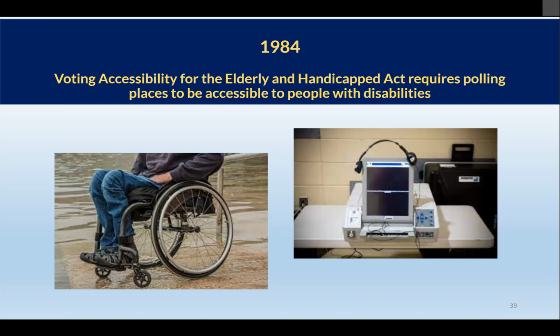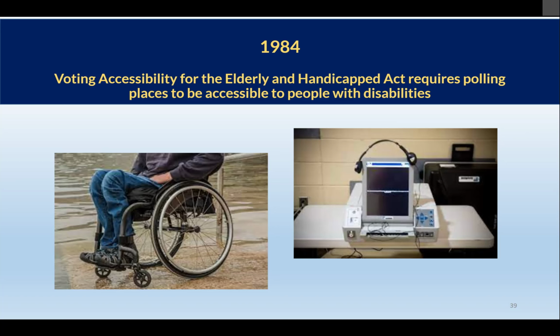Several federal laws now protect voting access for individuals with disabilities. The 1984 Voting Accessibility for the Elderly and Handicapped Act mandated accommodations so that voters with physical challenges now have a greater ability to vote. And the Americans with Disabilities Act in 1990 provides a national mandate for eliminating discrimination against individuals with disabilities.